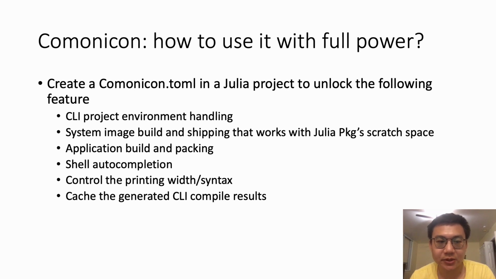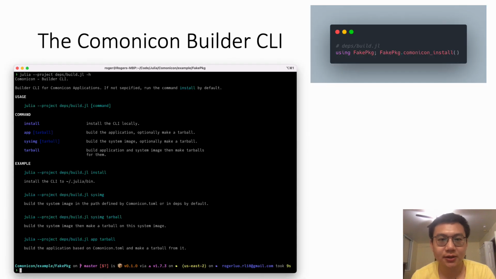Second is system image build and shipping, as well as application build and packing. Also, shell auto-completion and control of the printing syntax. Also, we cache the generated CLI compile results, which improves the latency of your CLI application, especially when it doesn't depend on a lot of other packages.